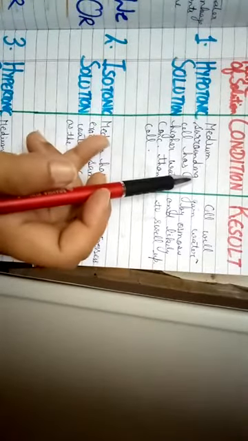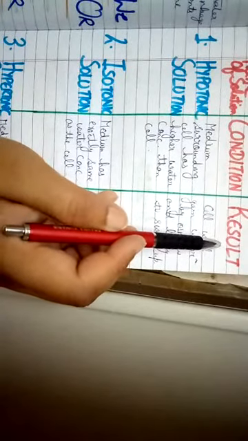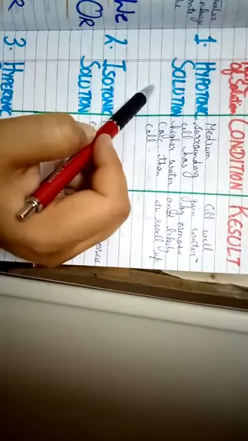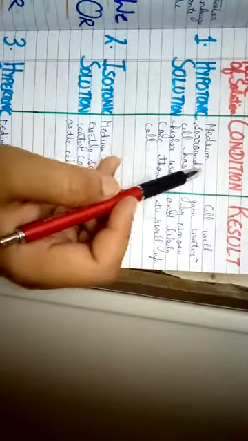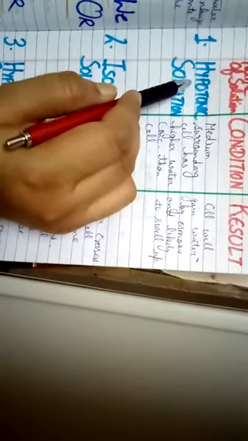Before going to discuss the result, we must know what we mean by hypotonic solution. A hypotonic solution is one in which the medium surrounding the cell has higher water content than the cell. Hypo means more.